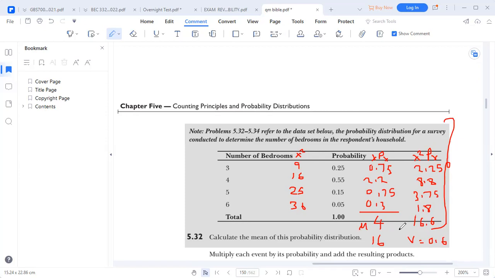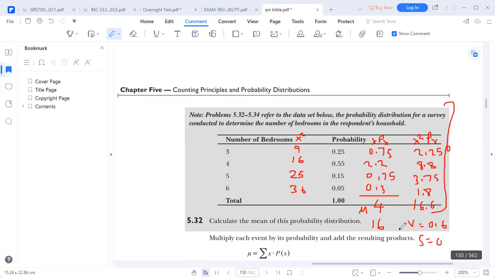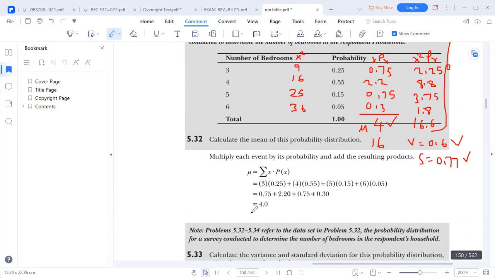And when you square root, we get 0.77 as the standard deviation. So we get 7 marks for this. So our mean was 4.0.